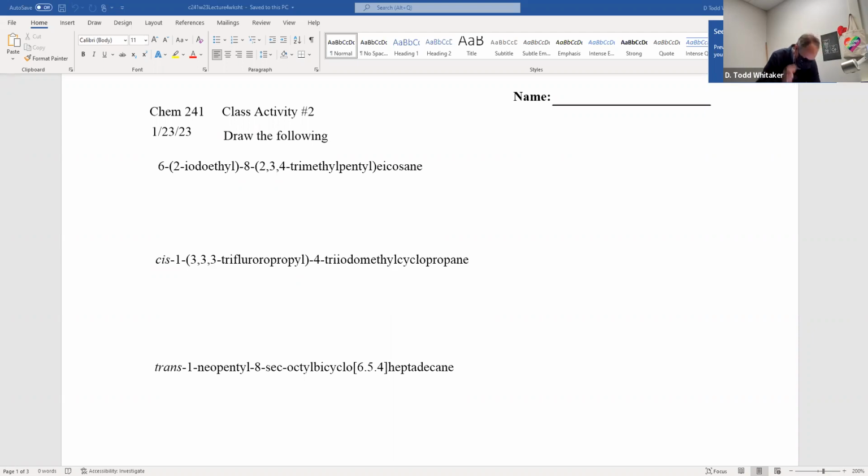Third. I'm going to show you 2 ways to do it. One way is this way, CF3. Another way is to do it like this, 1, 2, 3. The error is to do it this way. I see it every semester, that's why I'm bringing it up. Somebody's going to draw their propyl because they were told to follow that step properly, and then they do this.